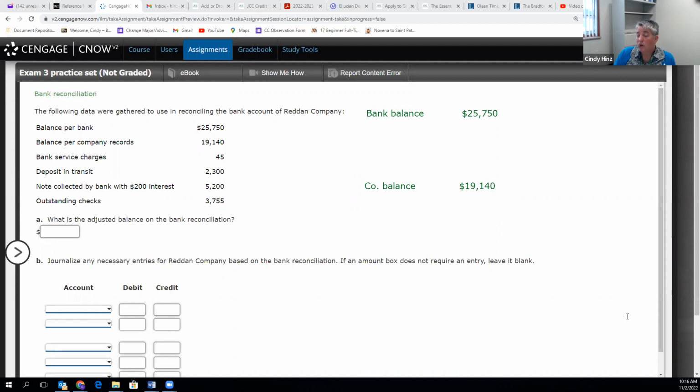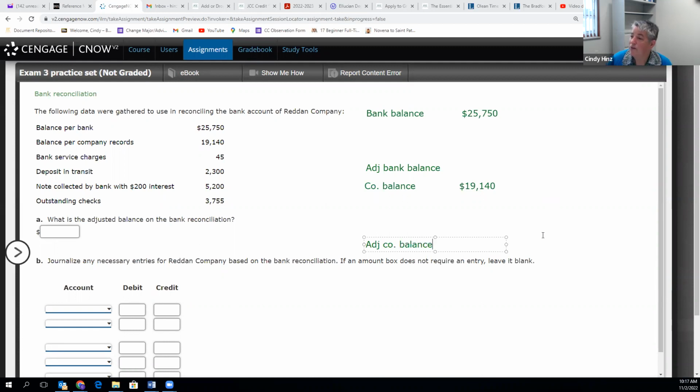So what does the bank know that we don't know? What do we know that the bank doesn't know? Our first question is, what is the adjusted balance on the bank reconciliation? And so the end result here is that we have an adjusted bank balance and we have an adjusted company balance.